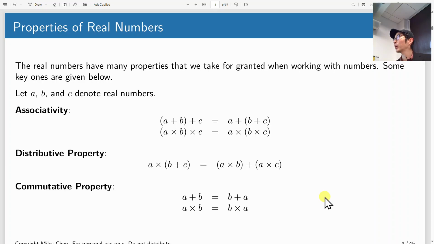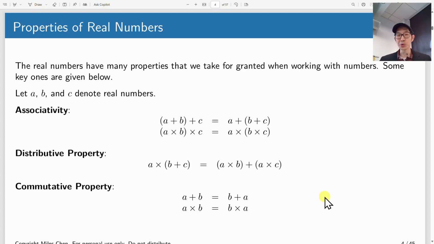And we have these properties that we are accustomed to relying on when we use real numbers. You learn these properties quite early on, usually with integers in the beginning, but then you assume this holds for all real numbers. And it does.